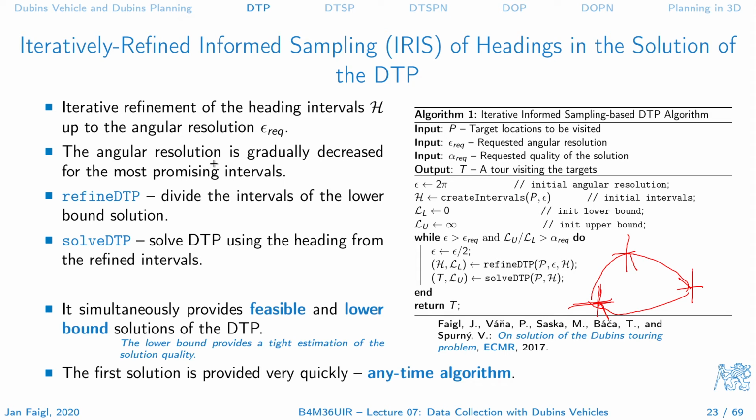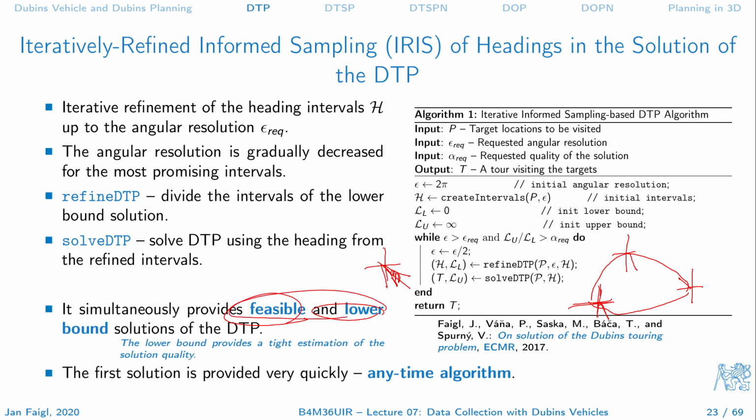What is really nice about this algorithm is that it actually provides the feasible solution and also the lower bound. What is the feasible solution? If we have these intervals, let's say this one, we can arbitrarily choose any angle within the interval of the lower bound, and then compute it for the next, using the same arrival and leaving angle.